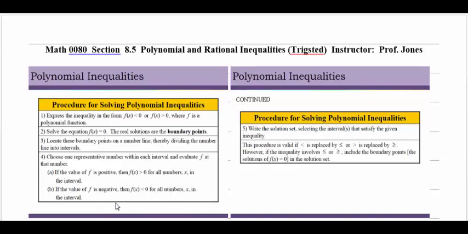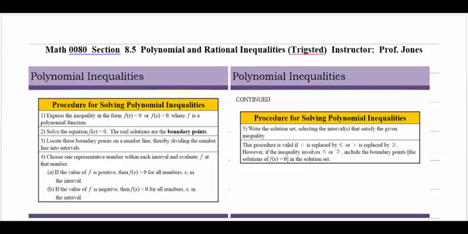So the test number represents what all the other numbers do to the function in terms of making the function negative or positive. Then we'll write the solution set, selecting the interval or intervals that satisfy the given inequality.